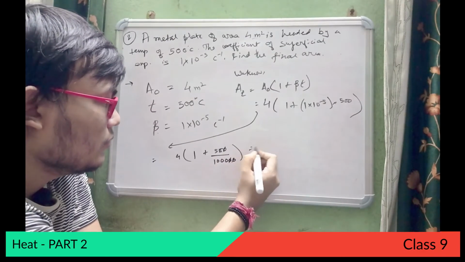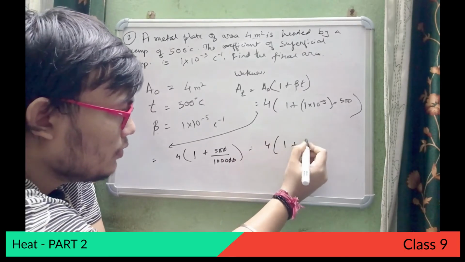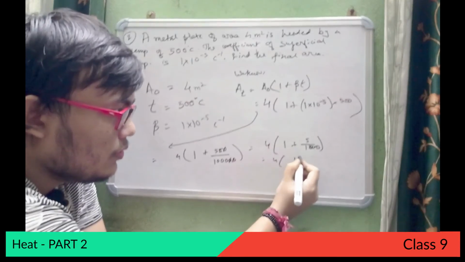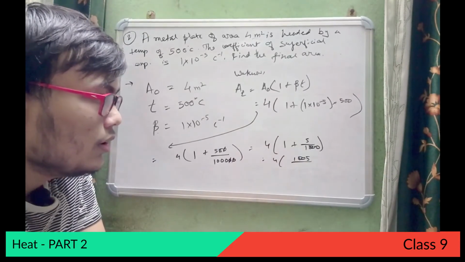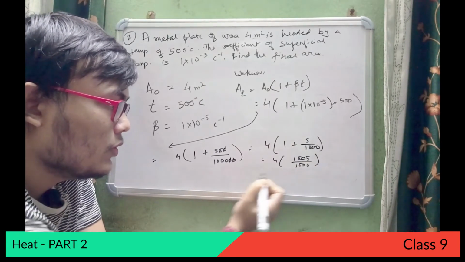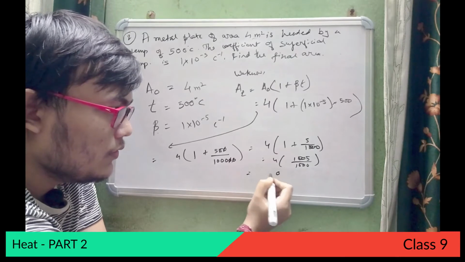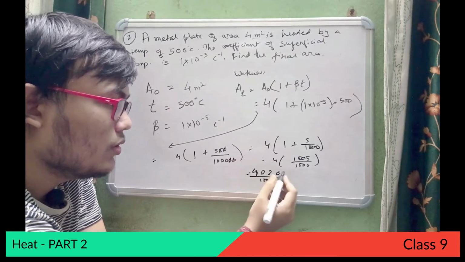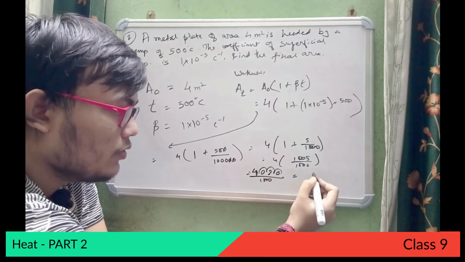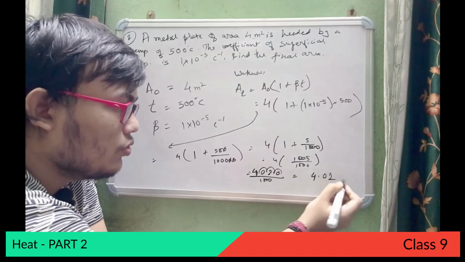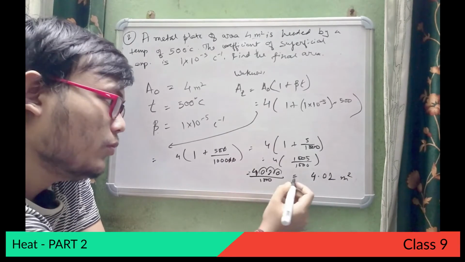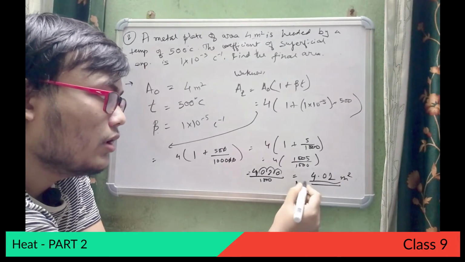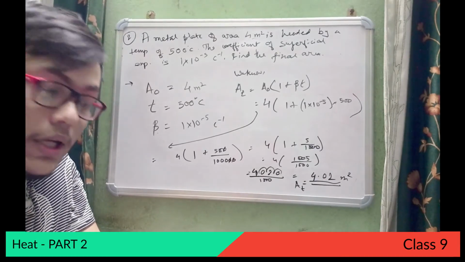So this becomes 4 into (1 plus 5 by 1000), which becomes 4 into 1005 by 1000, which becomes 4.02 meters square. So 4.02 meters square is our final area. So AT is 4.02 meters square. So this is our answer.